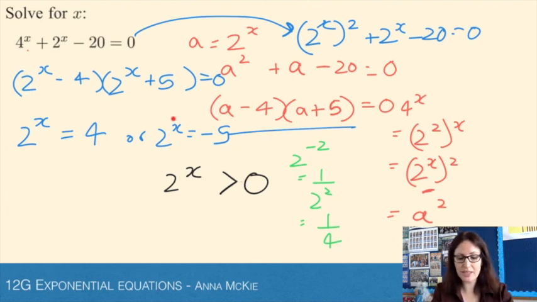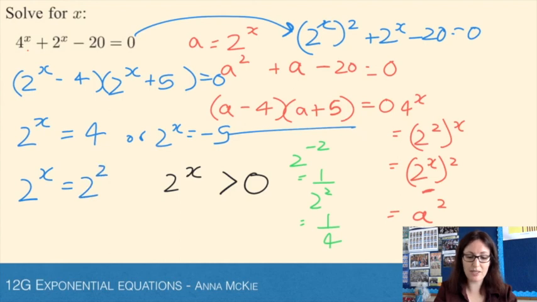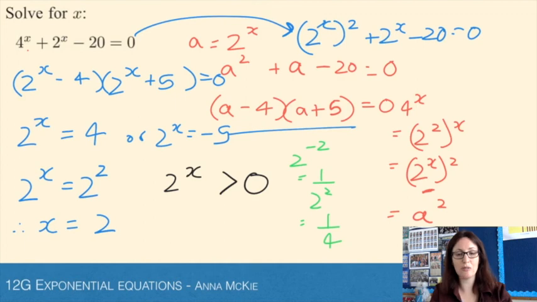So whenever you get a scenario like this, where it's equal to a negative number, it can't happen. So we can discard that answer, and we just have to deal with the positive answer over to the left here. And so now back to the techniques of solving: put them equal to the same base and equate the powers, and therefore we're left with x is equal to 2.